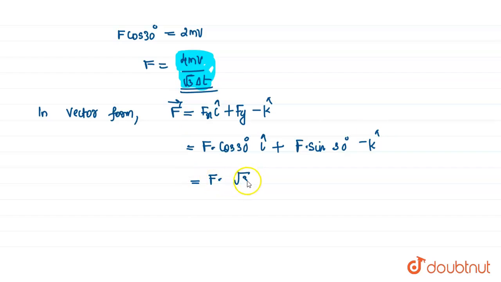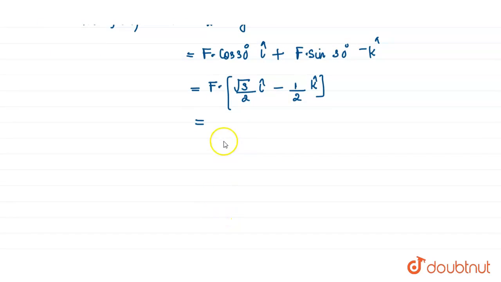Cos 30 is root 3 by 2 i cap, then minus sin 30 is 1 by 2 k cap. We can take the 2 outside also. So F is 4mv divided by root 3 into delta t by 2, root 3 i cap minus k cap, or we can cancel the 2 and 4.